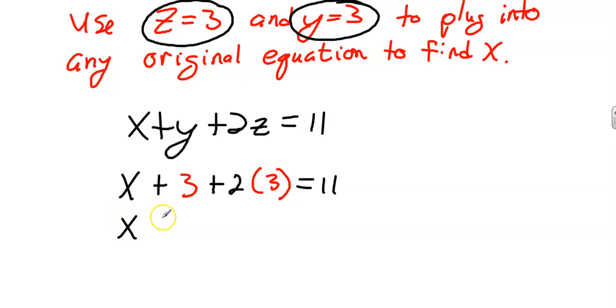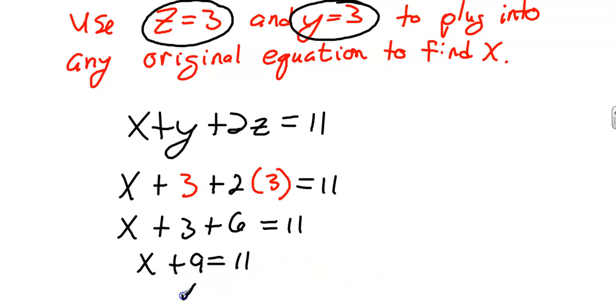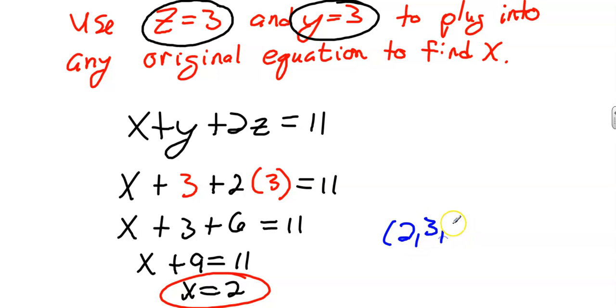So that's x plus 3 plus 6, or x plus 9 equals 11, so x equals 2. Okay, and if they go ordered triple, x is first, y is second, and z is third.